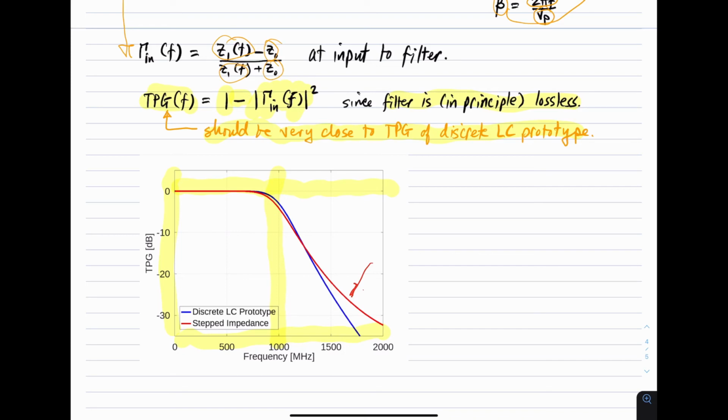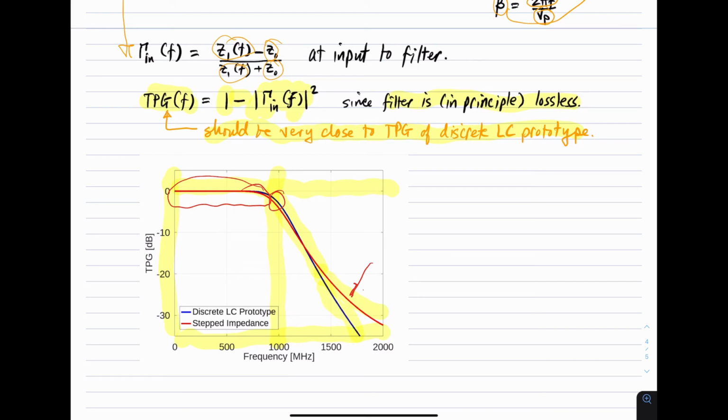So what you see is that in the passband, this stepped impedance filter performs wonderfully. It is also at least approximately flat and has a cutoff right around 1 gigahertz as we intended. Not exactly the same, but then again, we didn't expect it to be exactly the same. We just expected it to be close. And in the stop band, the fall off is similar, but ultimately diverges a bit from the prototype.